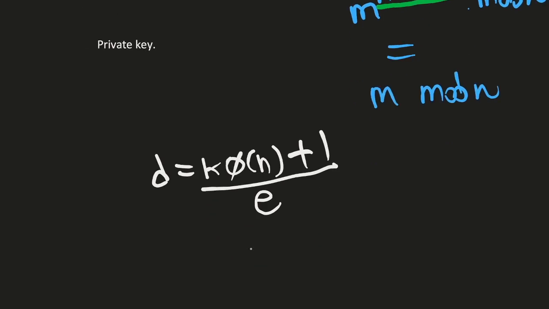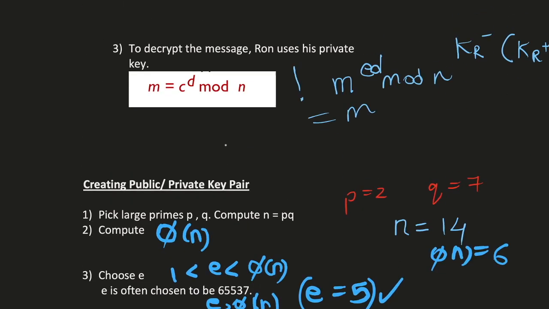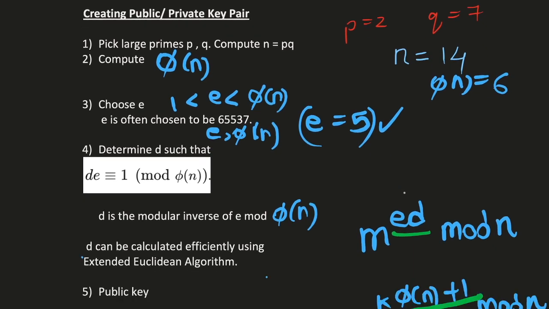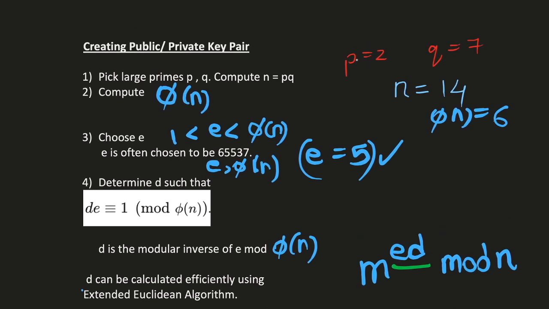Since E is known to the public, the only thing that keeps D a secret is the fact that phi of n is also a secret. Phi of n can be computed only if we know p and q, which we used to compute it.